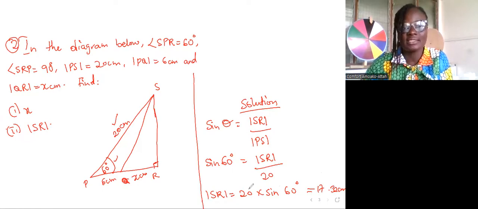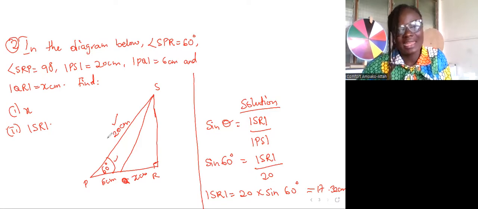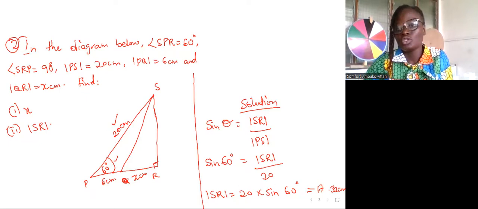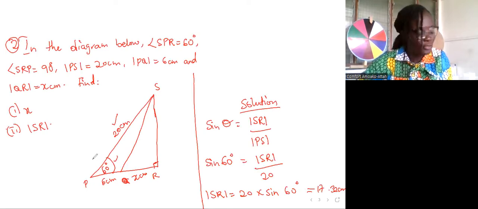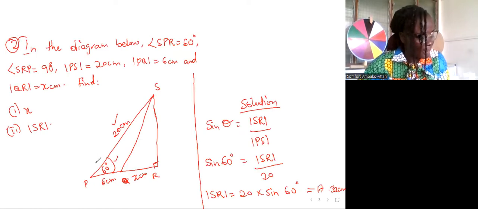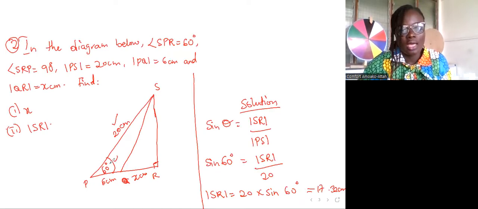Okay, 17.32. Then how do we find X? How do we find X? With that, you have an angle known and a side known, or you have an angle known and this also. So these sides are known. Which trig ratio do you think you can apply over here? It is adjacent to this and hypotenuse to this. Okay, that is cosine.